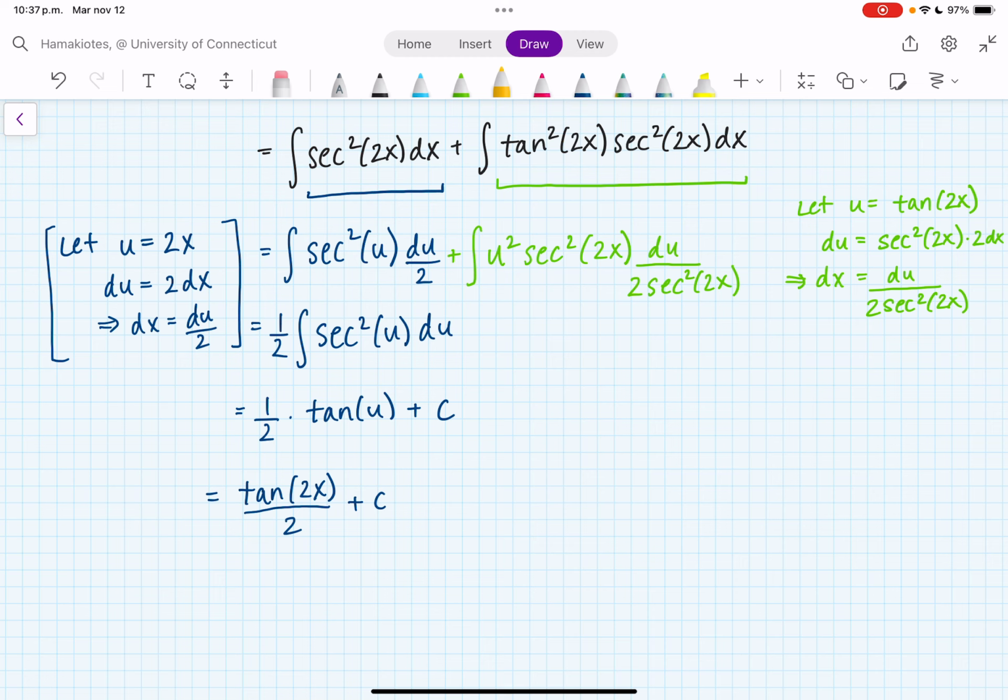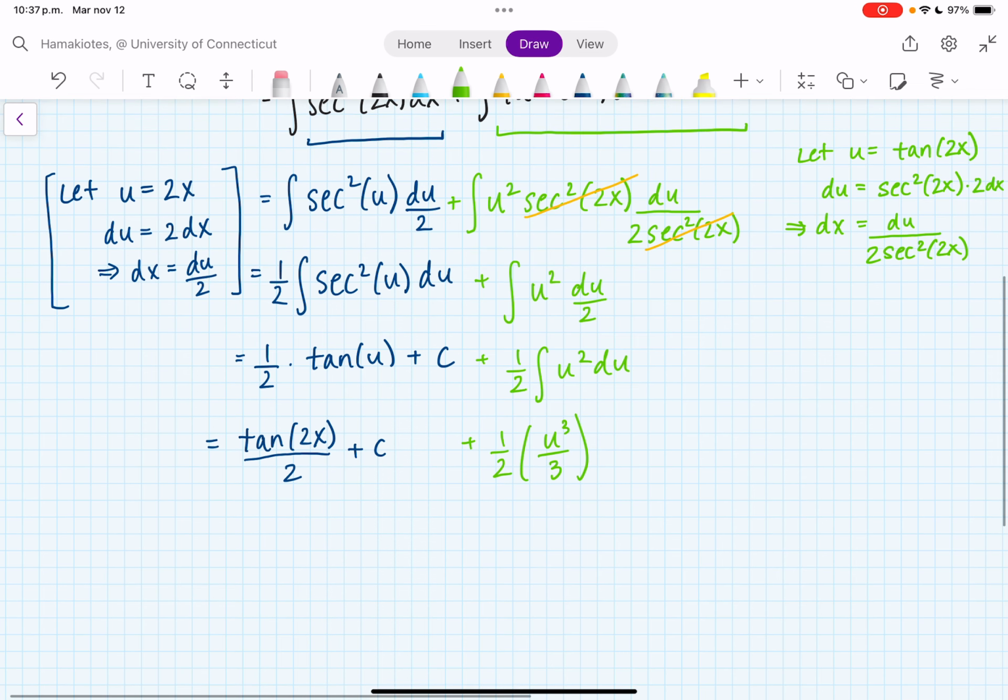That works out nicely, so now my secant squared in the numerator and denominator cancel out, and so this simplifies to be u squared times du divided by 2. So I can factor out the 1/2 and rewrite this as 1/2 times the integral of u squared du, which we can evaluate. The integral of u squared is u cubed over 3.